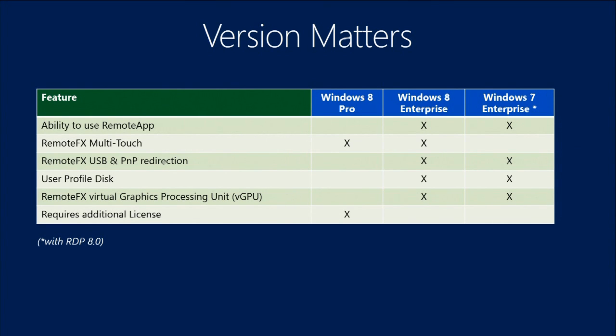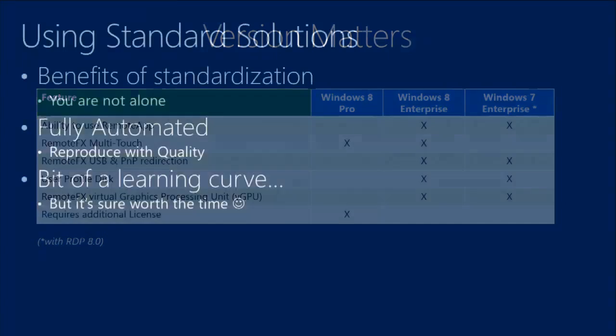So it doesn't really make any sense. Therefore, the Enterprise is going to be the version you have. And as you can see, Windows 8 Enterprise and Windows 7 Enterprise have basically the same features and functions except for RemoteFX multi-touch. You do need RDP 8.0 in Windows 7 to make that work.